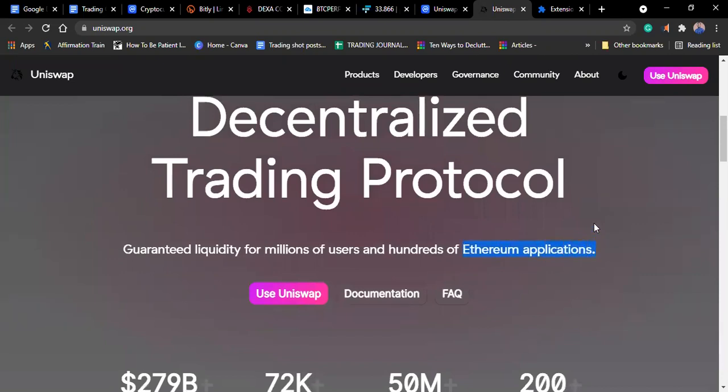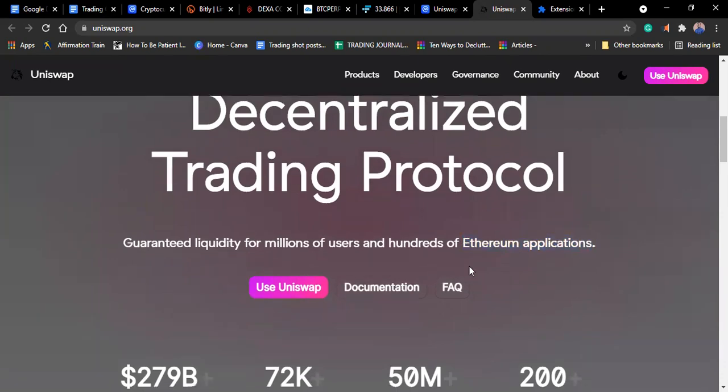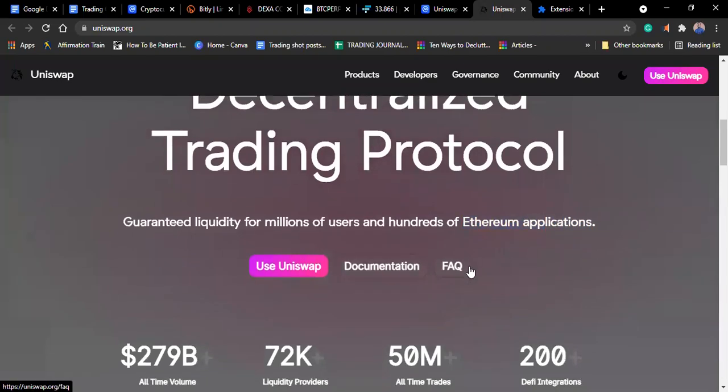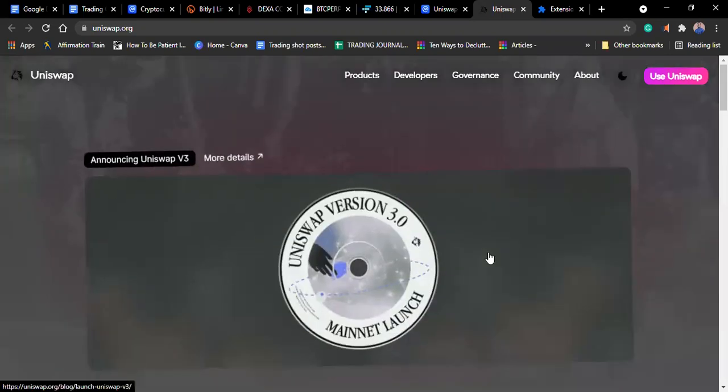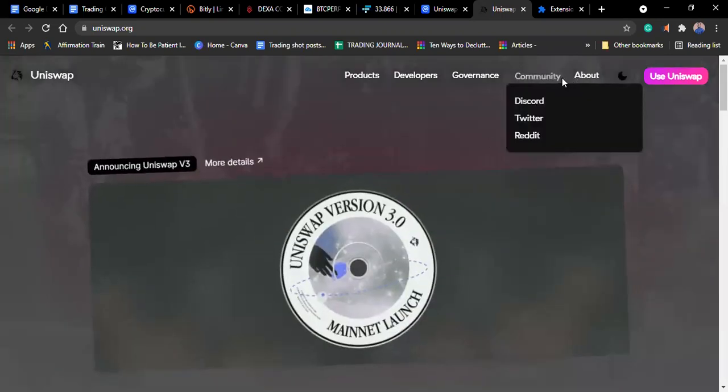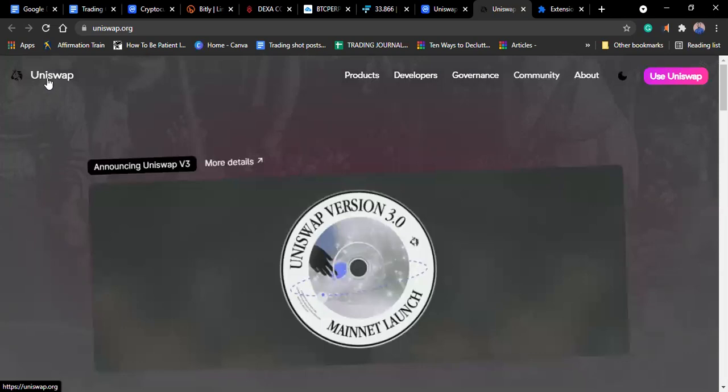We spoke about blockchains, and Ethereum is an example of a blockchain. So Uniswap is built on the Ethereum blockchain, meaning to interact with Uniswap, you must use wallets that support or that work on the Ethereum blockchain. There are many things you can do on Uniswap, but the main one is you click here.